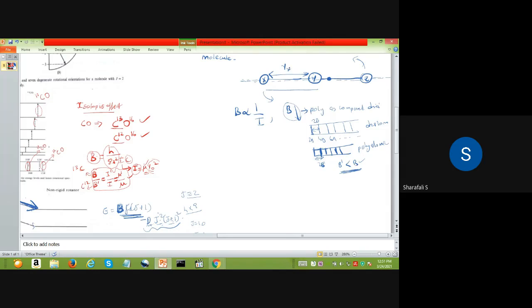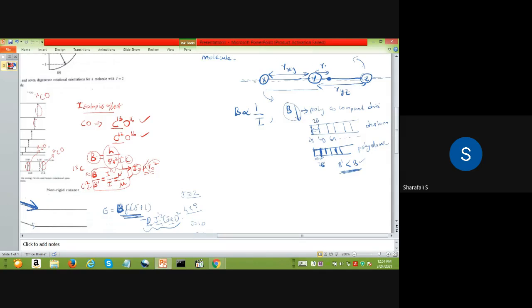If you really want to calculate the moment of inertia for this case, I will consider the separation between x and y as rxy, the separation between y and z as ryz, and the separation of y from the center of mass as small r.